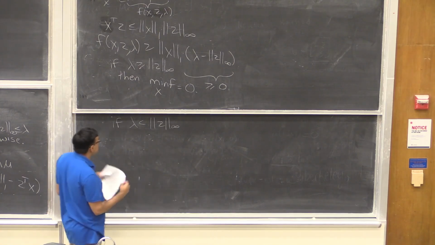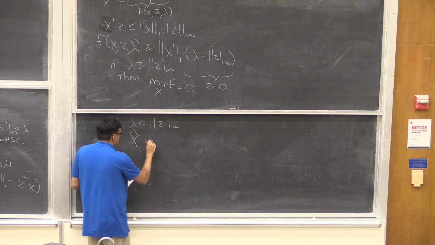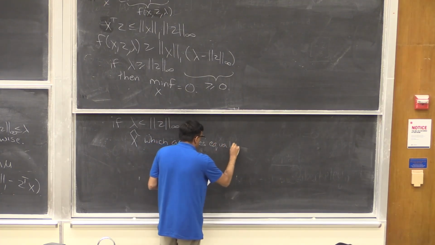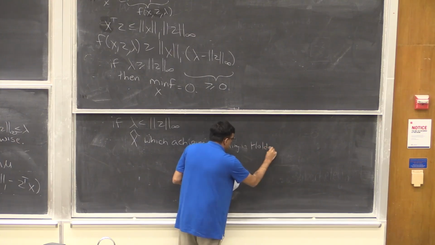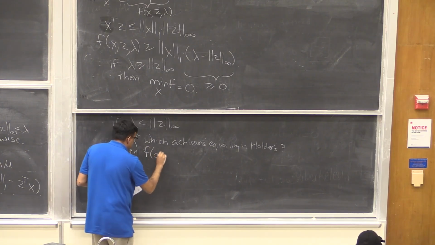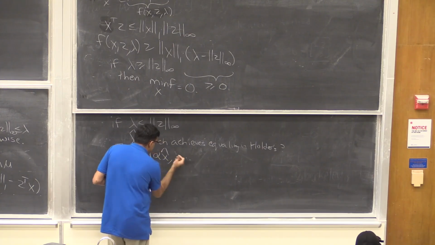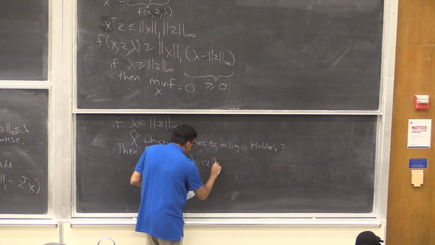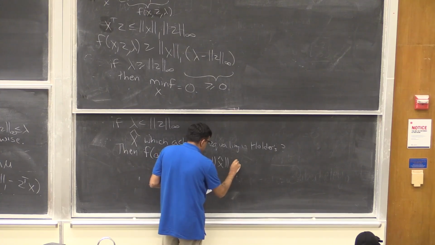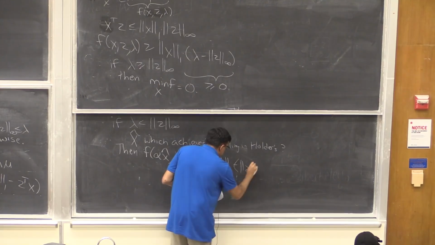And because this term in the parentheses is negative, if we pick, for example, x hat, which achieves equality in Holder's, then f of alpha times x hat, z, and lambda, alpha here being a positive scalar, is equal to alpha times L1 norm of x hat times lambda minus infinity norm of z, minus mu.